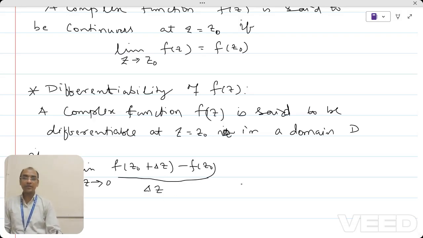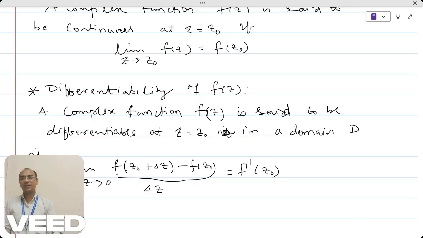If this limit exists, we denote it by f dash of z0. So this is the definition for the differentiability of a complex function f of z. Delta z is a small change in z. If this limit exists, then we will denote it f dash of z0 and we say that the function is differentiable.